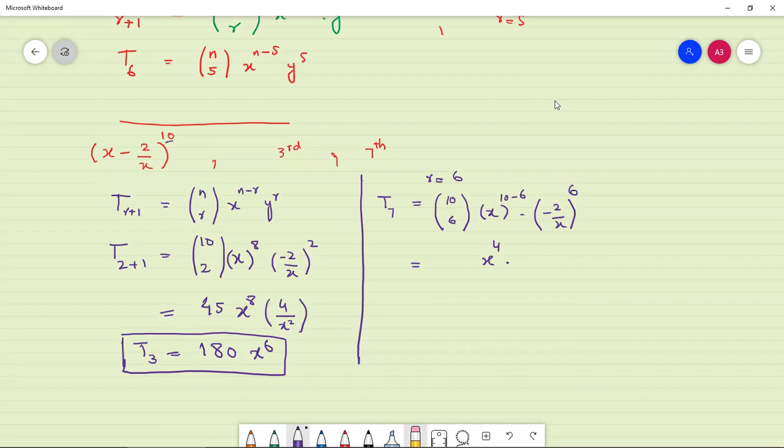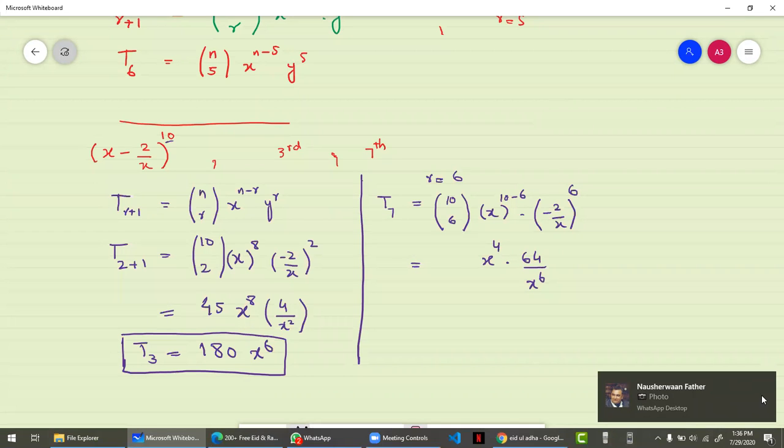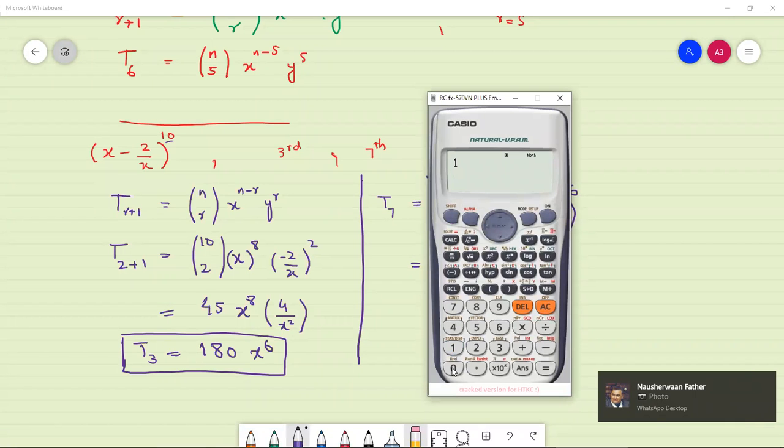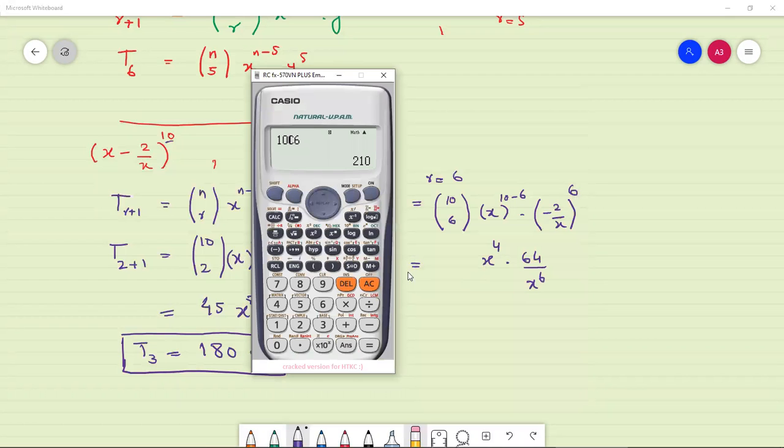So this negative sign cancels, 2 power 6 is 64, and x power 6. Then 10C6, just from calculator, you can find that would be 210. So 210, in the next step we have to multiply with 64.